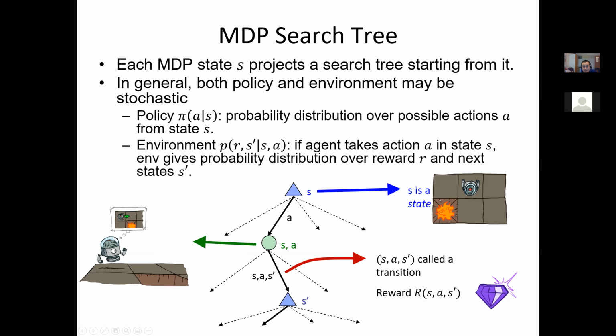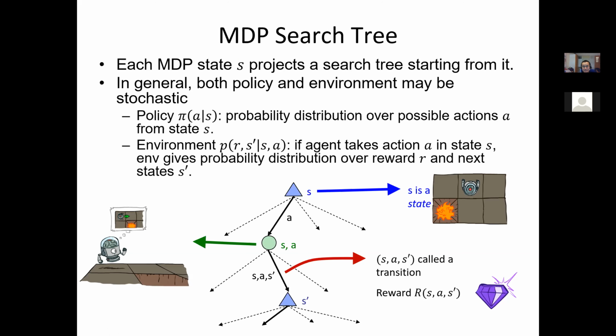So from a state, the agent, the robot, plans an action. Say perhaps it goes right in this position. And then the environment gives you a next state and a reward. So it's kind of like a two-player game. The agent plays a hand, issues an action, and the environment plays back and gives you the next state. So either player can be deterministic or can be stochastic.